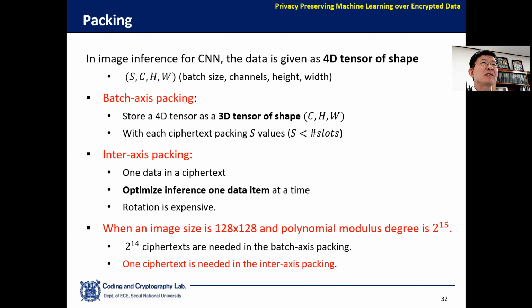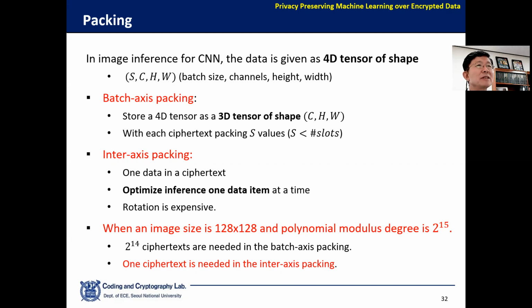The first one is batch axis packing. It stores a 4D tensor as a 3D tensor of shape C, H, W, with each ciphertext packing S values. The second one is inter-axis packing, with one data item in a ciphertext, optimizing inference one data item at a time.